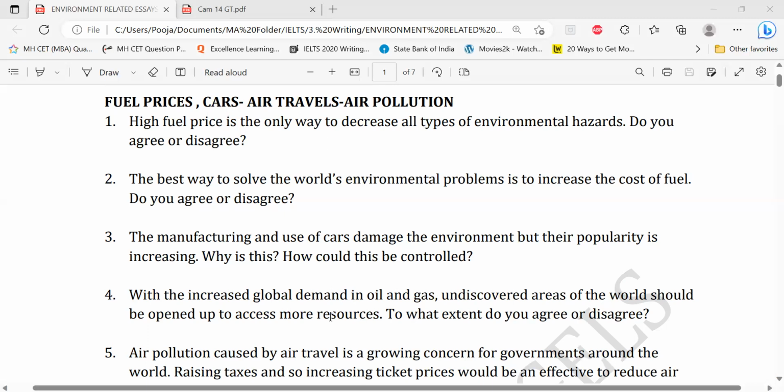But the locals are protesting. Why? They're saying, no, let's not dig these areas and bring out all the chemicals and spread them across. It's going to pollute the nature for which the Konkan region is known. Mangoes.